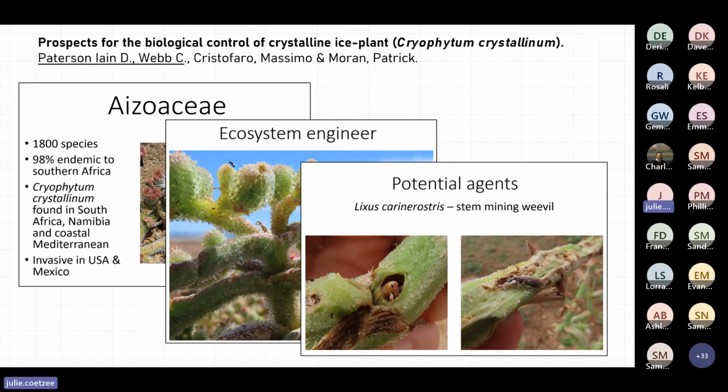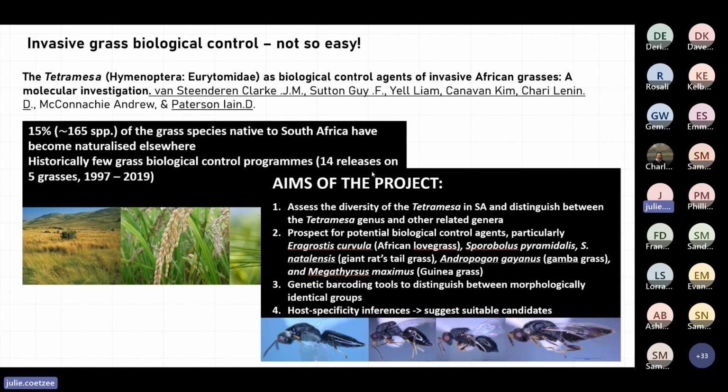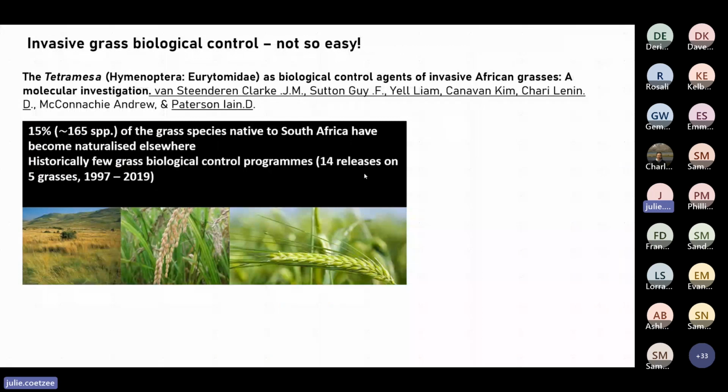And continuing with the theme of South Africa doing surveys and testing for other countries, but possibly a much harder program, is this invasive grass biological control. We typically avoided grass biological control as biocontrol practitioners, but why couldn't there be a suite of host-specific enemies?